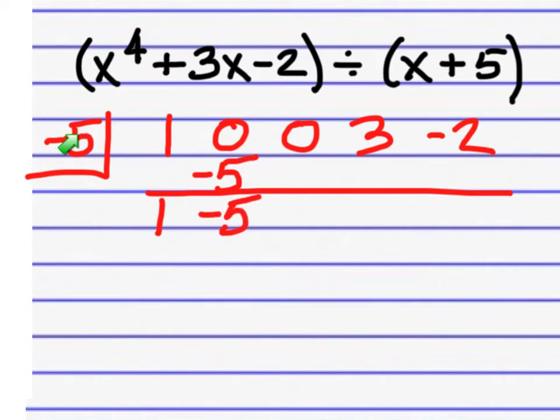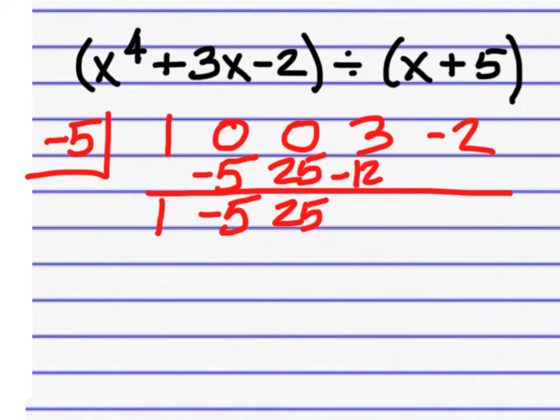Now multiply this negative 5 by this negative 5 and put the result here. That is 25. 0 plus 25 is 25. Now multiply negative 5 times 25 and put the result here.